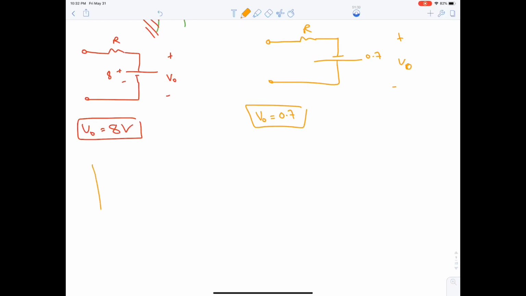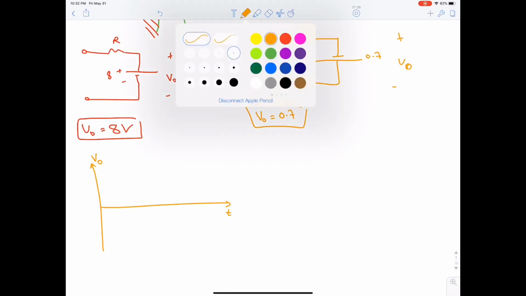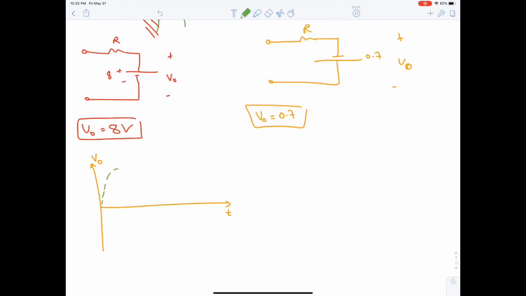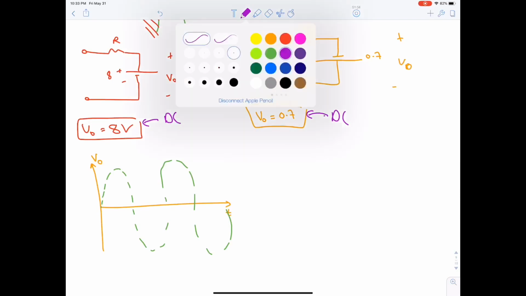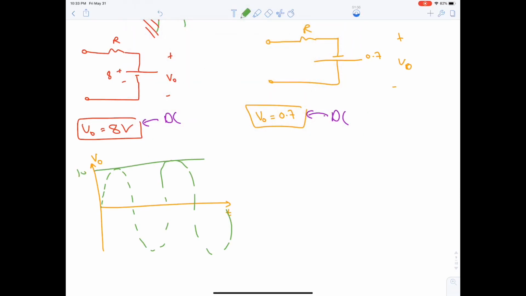Plotting the waveform and the transfer characteristic. Now notice that both numbers are constants, hence DC, both of them. Okay, so Vi, we said it's 10 and minus 10.